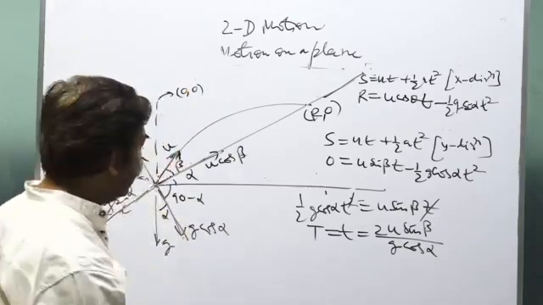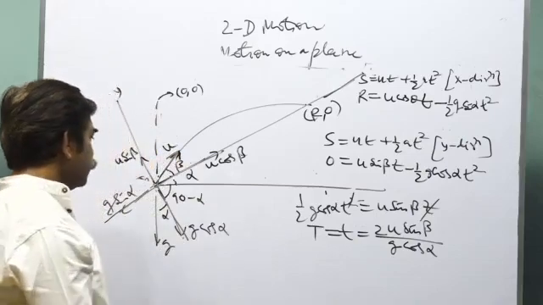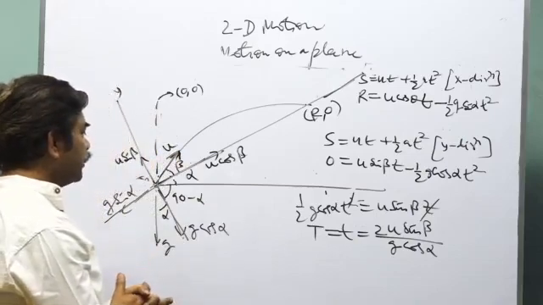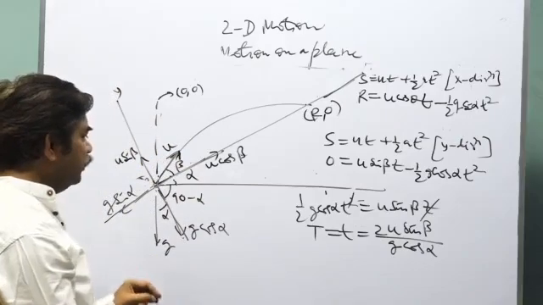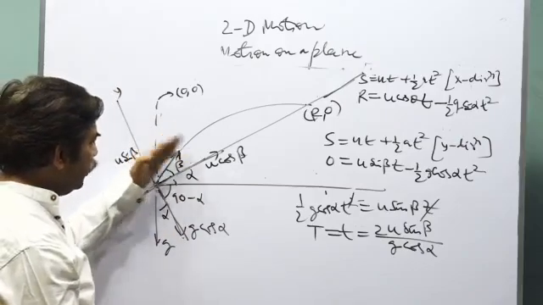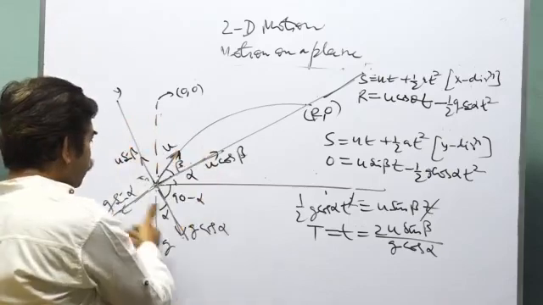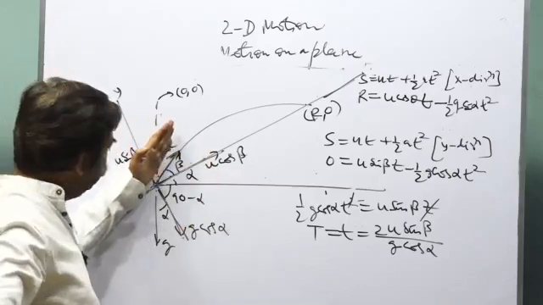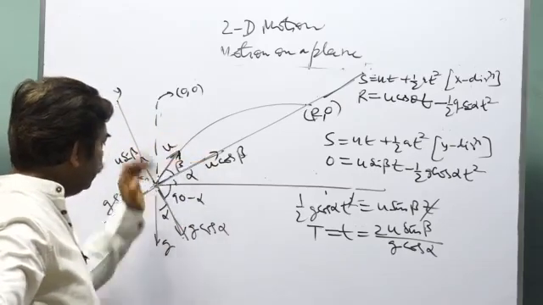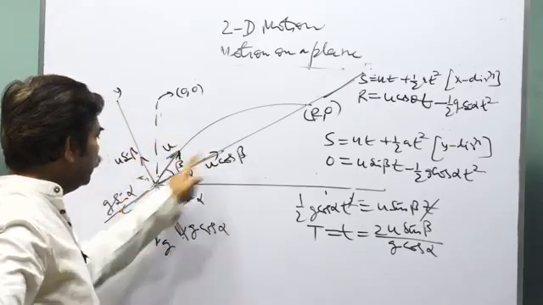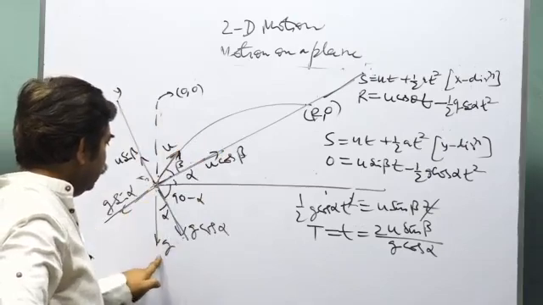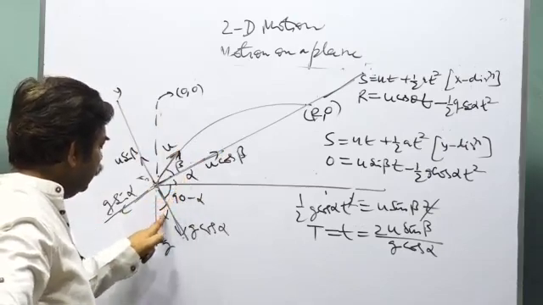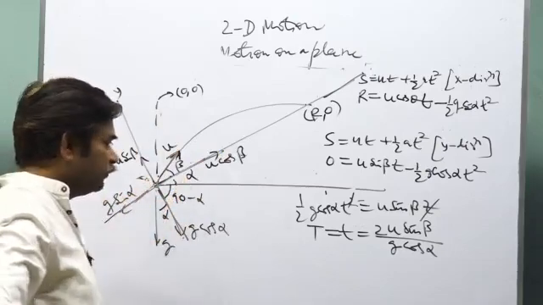The only thing is that in the beginning, those who just start the 11th class feel that the resolution into components makes the figure gradually complicated. But see, when we resolved each and every parameter, that was easy. This was u cos beta, u sin beta, similarly g. This alpha, 90 minus alpha, alpha, so this becomes g cos alpha, this becomes g sin alpha.